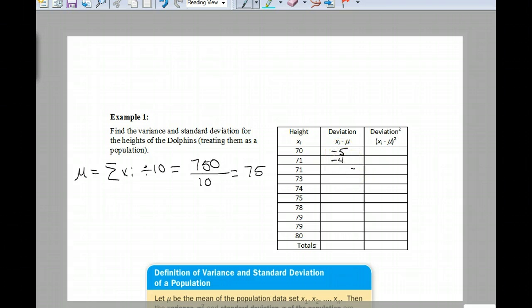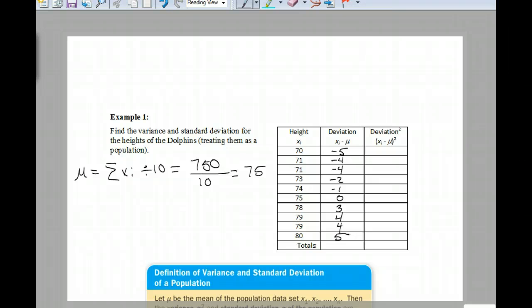Okay? And once again, it's -4. 73 minus 75 is -2. 74 minus 75 is -1. Then we got 0, 3, 5. Good.